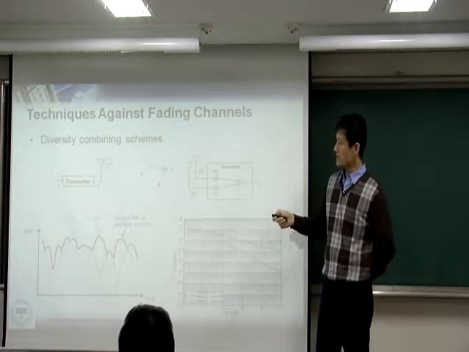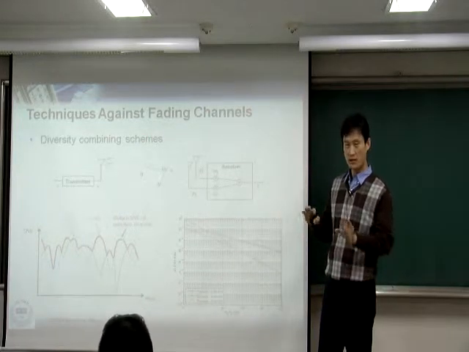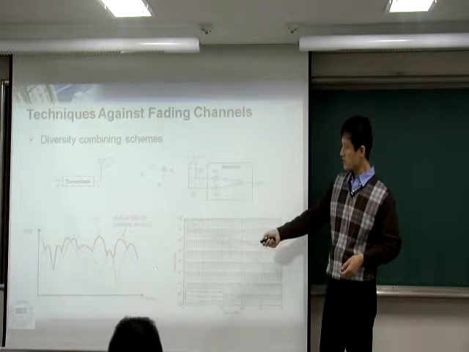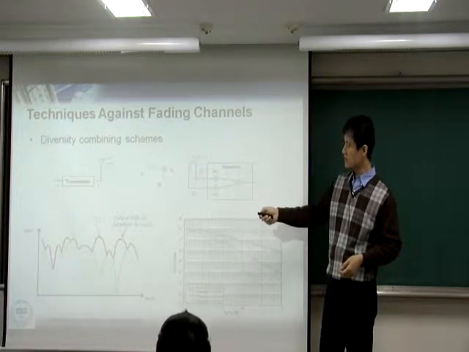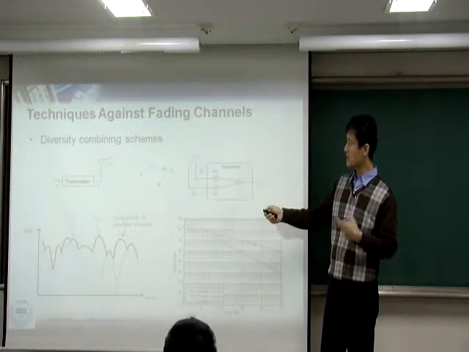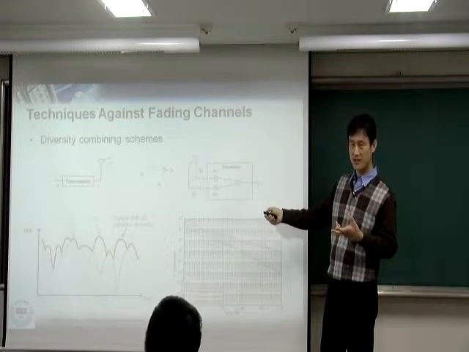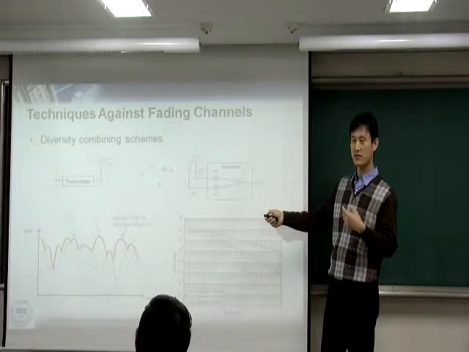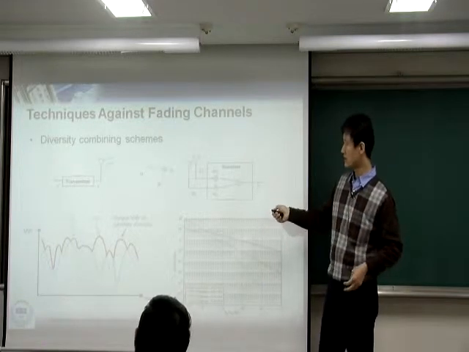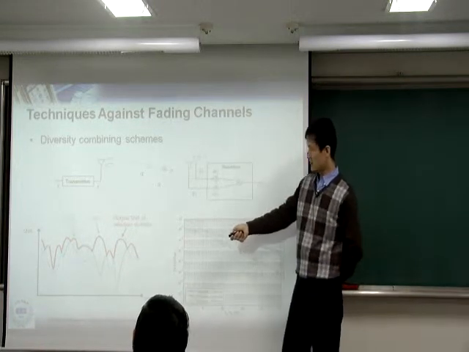First one, diversity combining systems. We already covered this one many times. So let's look at this picture. This is the setup. In order to use diversity, the typical way is that we use, let's say, 2 antennas. That way we can achieve diversity order 2. And in this case, using MRC, for example.